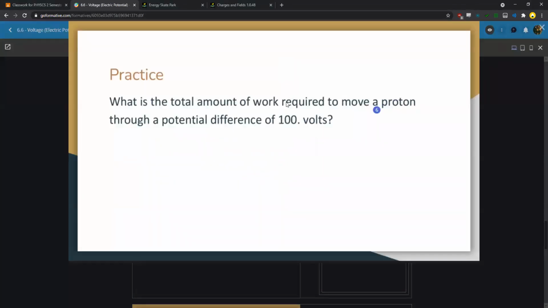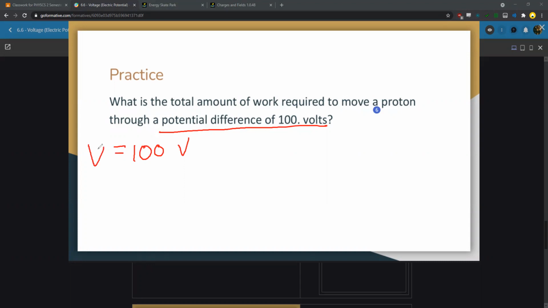Let's do this, guys. Knowns, come on, quick. Let's do 6, 7, 8 real quick, guys. Knowns. Let's go. The potential difference is 100 volts. What's my variable? It's V. Don't worry about it.